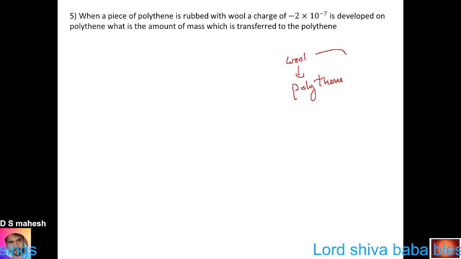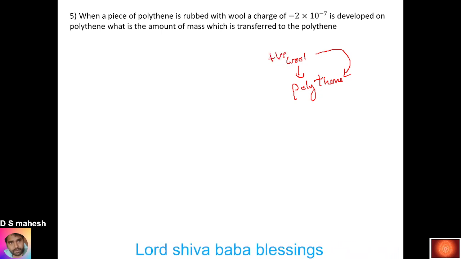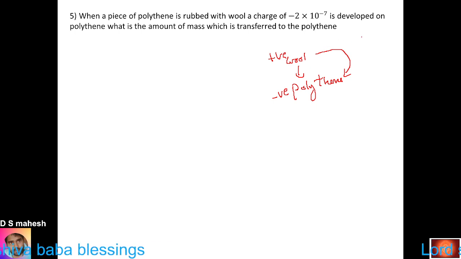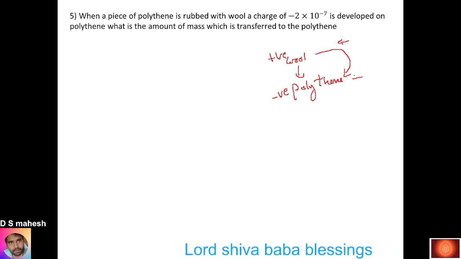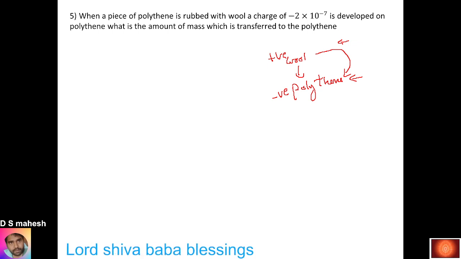Electrons would be lost from wool and transferred to polythene. So wool becomes positively charged, and polythene becomes negatively charged. This is present in the upper list in the series which I explained in the previous video, and this is present in the bottom list. So this becomes positive and this becomes negative.